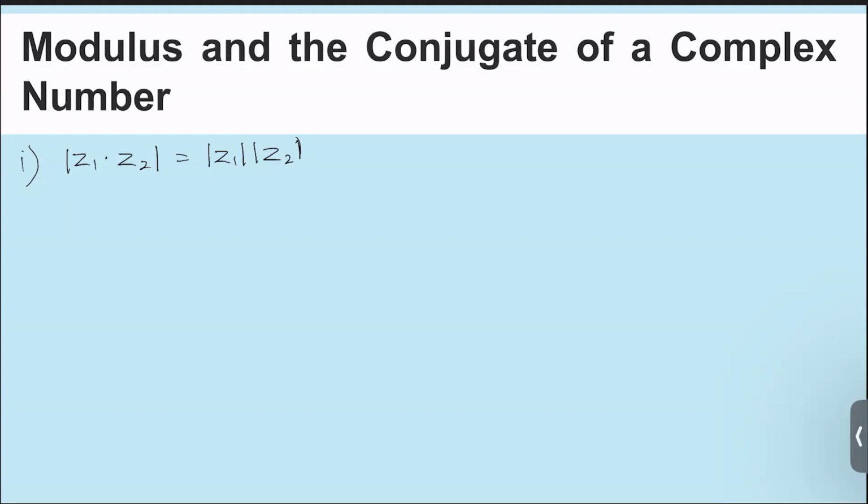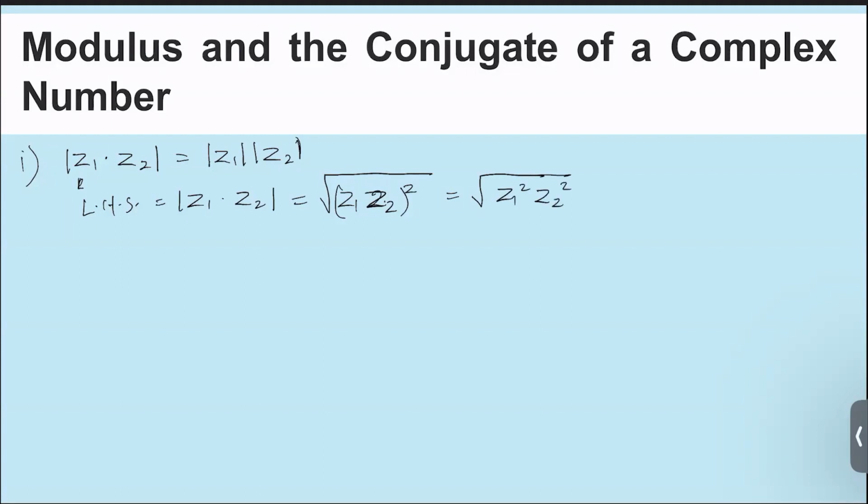If you take your LHS, that is the modulus of Z1 Z2. If you take the entire product under your square root sign, you have Z1 Z2 squared. So you can write this in terms of Z1 square, Z2 square. If you remember, we had seen before that if you have a multiplied by b under a square root, you can separate it out.